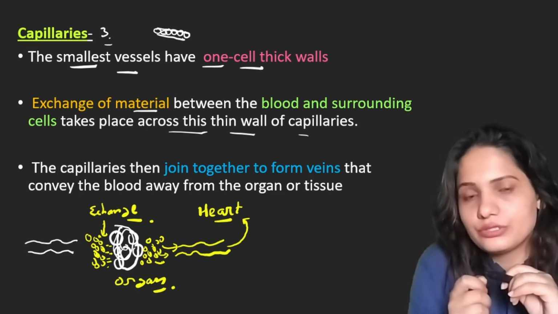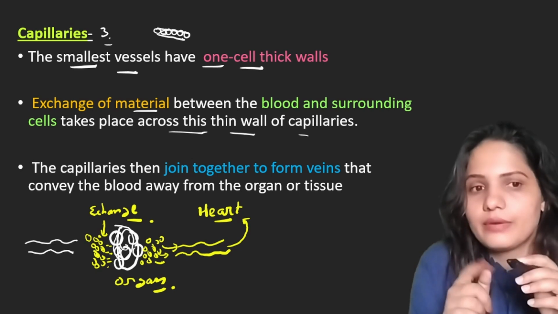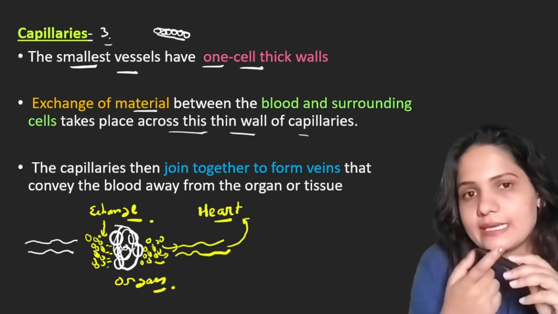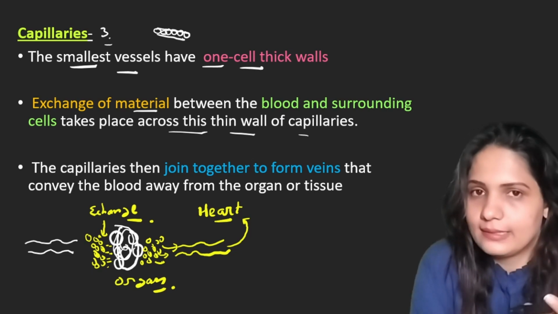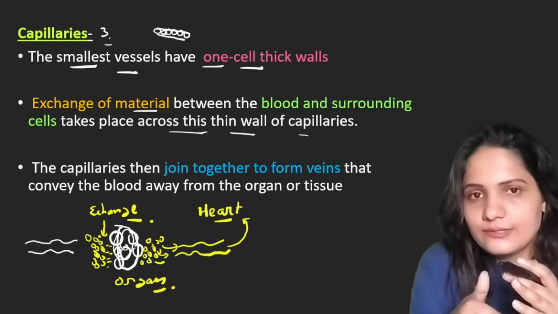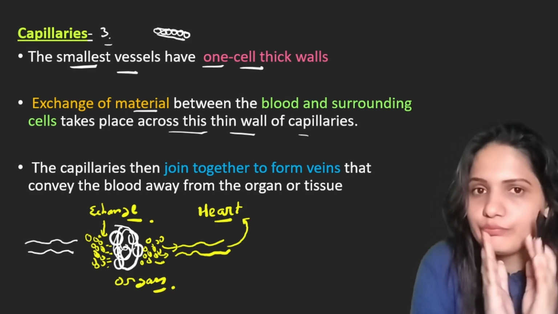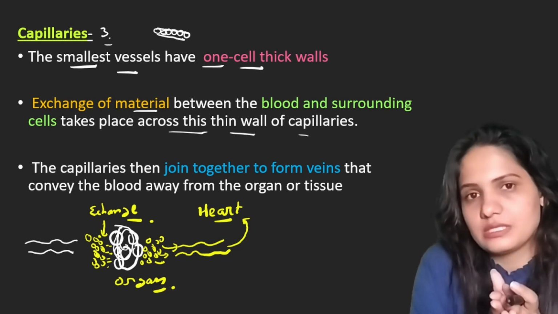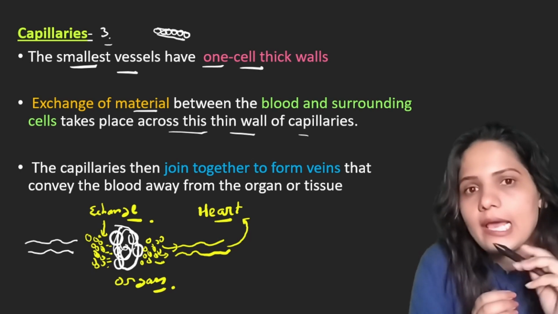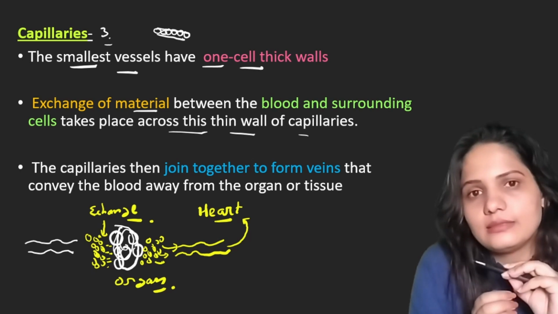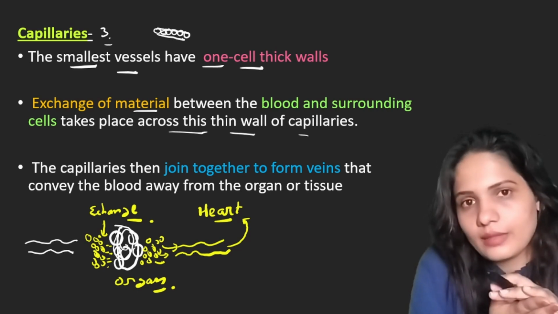The cells utilize oxygen from the blood and add CO2 to the blood. Once the oxygen level is decreased and the CO2 level is increased, that blood becomes impure or deoxygenated. Then that blood is taken up by the veins with the help of capillaries, and those veins drain that blood back to the heart.